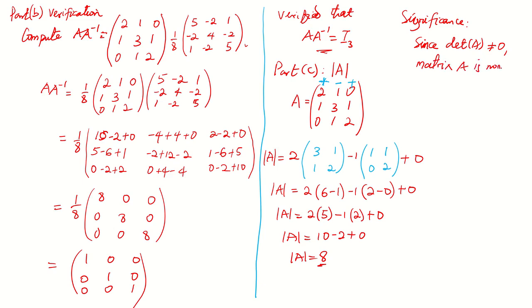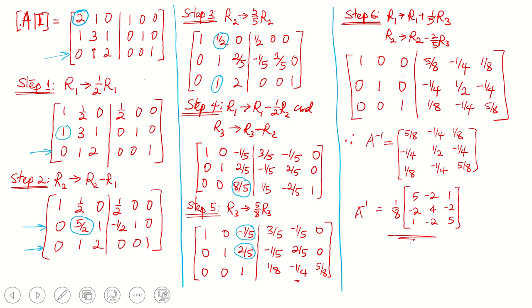Matrix A is non-singular. All right. Which means that matrix A is invertible, and in fact we've seen the inverse of A already, which also confirms what we're saying. So remember that a matrix is invertible if and only if its determinant is not 0. All right, so that's the significance, and that brings us to the end of the solution to question 1.